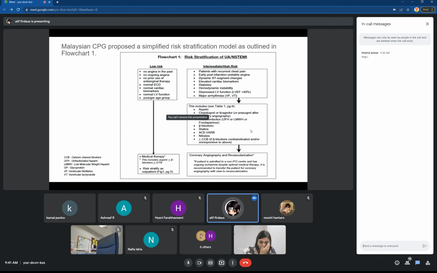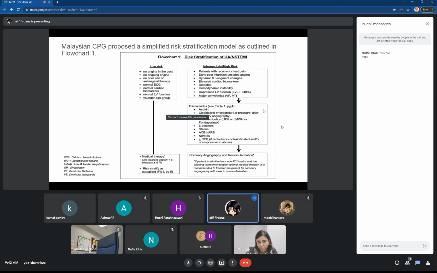So we just treat this patient as outpatient with medical therapy, including aspirin, beta blocker, and GTN. For the high-risk patient, they might have recurrent chest pain, post-infarction, unstable angina, or you can usually see dynamic ST changes, elevated cardiac biomarkers, and they might come with hemodynamic instability, with depressed LV function, low ejection fraction, or major arrhythmias.